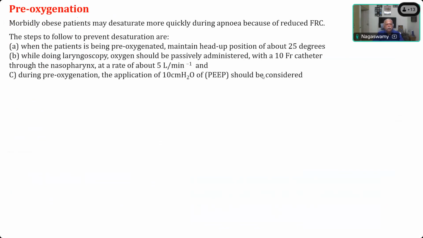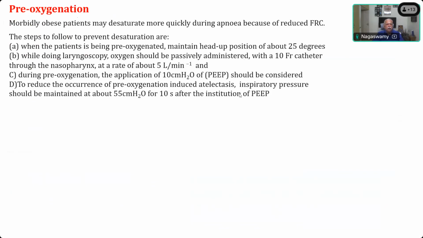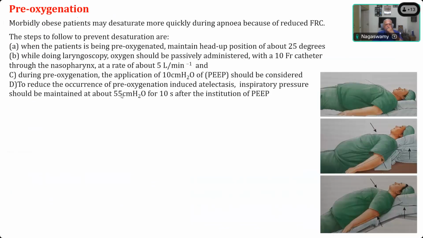The third is, during pre-oxygenation itself, you can apply 10 centimeters of PEEP in the obese patient. And lastly, to reduce the occurrence of pre-oxygenation atelectasis, you can also maintain an inspiratory pressure of 55 centimeters of water for 10 seconds after we start the PEEP.